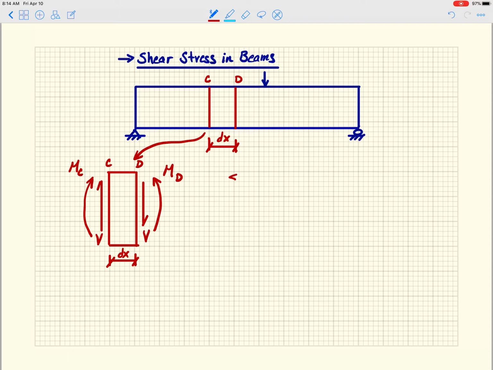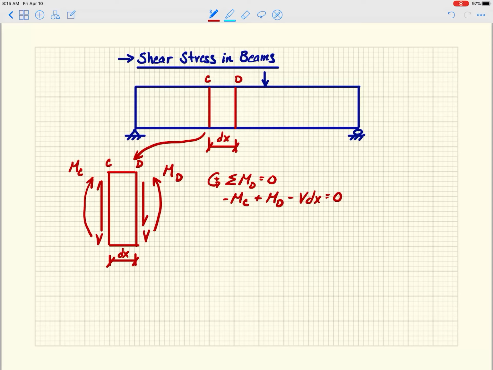Now if I sum moments about D, that has to equal 0. Again, we'll use the right-hand rule as positive. I'm going to get a minus MC, because that's coming in as a clockwise moment. I'm going to get a plus MD, and then a minus V times dx. So dx is the moment arm.